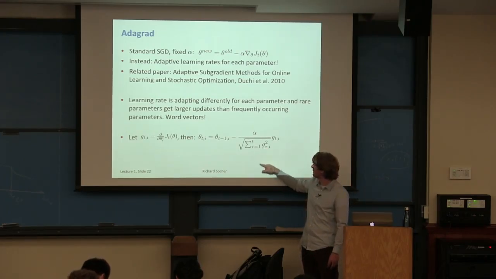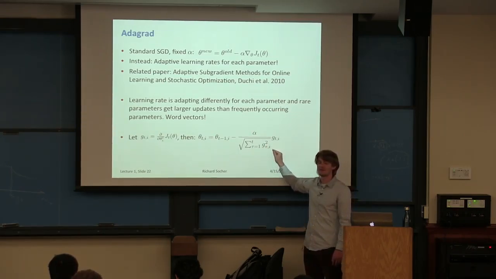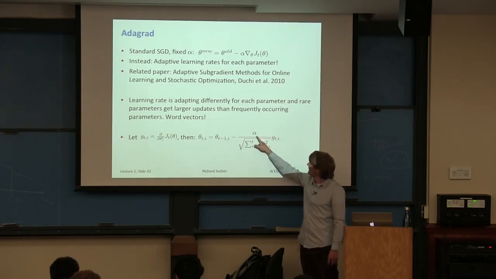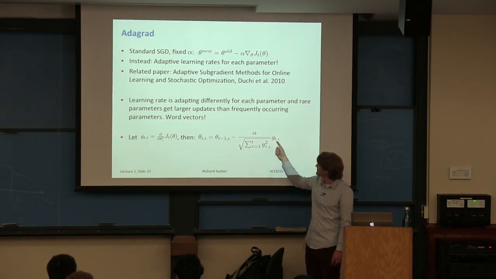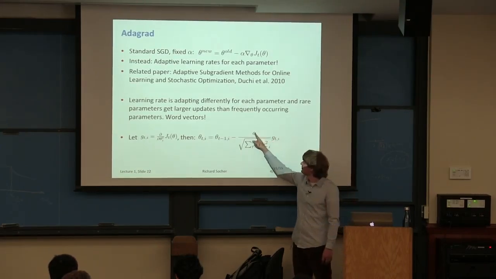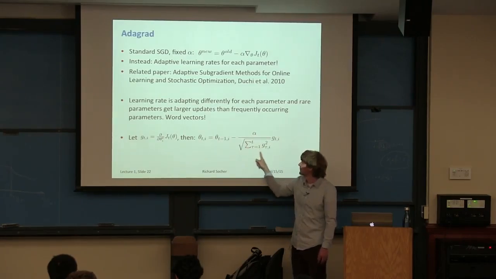So we have one additional vector in memory that just keeps around the squares of all the gradients that we've computed for this specific element of our theta vector before. We basically keep summing them up, and then we take the square root of that. This is now just a single number, right? For the ith element of our theta vector. And we have a general global learning rate, which is divided by this.